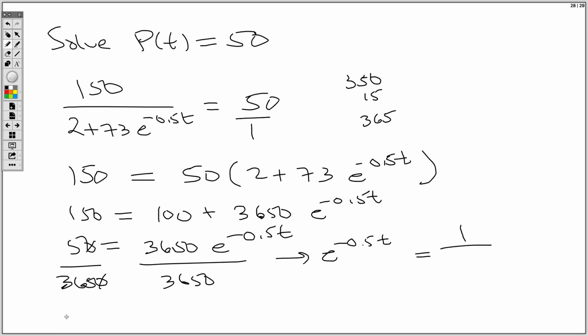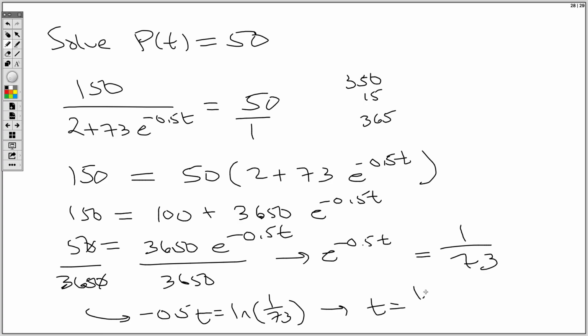That's going to be 1 over what? 73 again? So I can take the natural log, cancel out the e, so negative 0.5t is the natural log of 1 over 73.